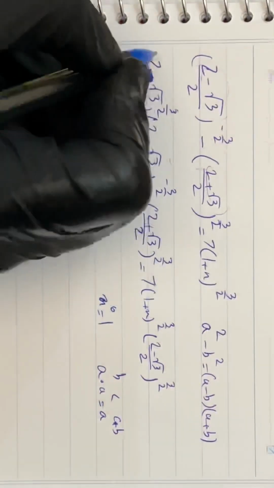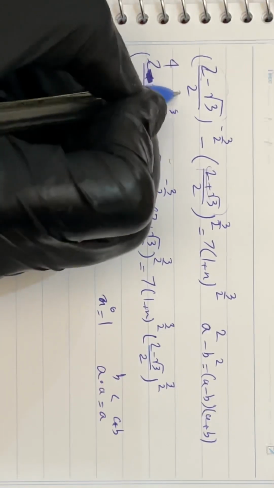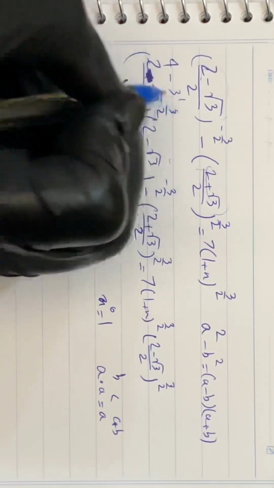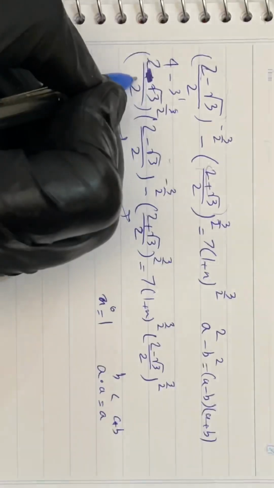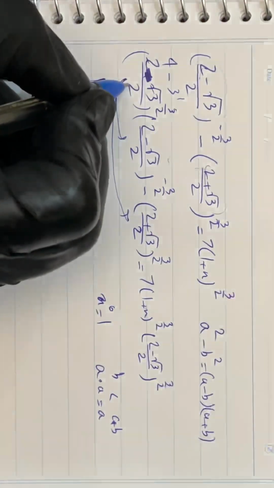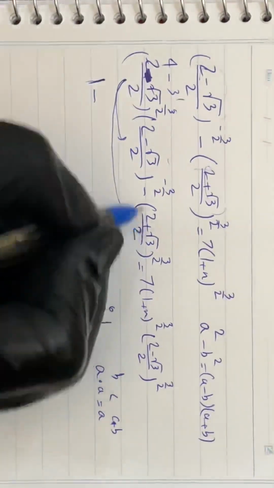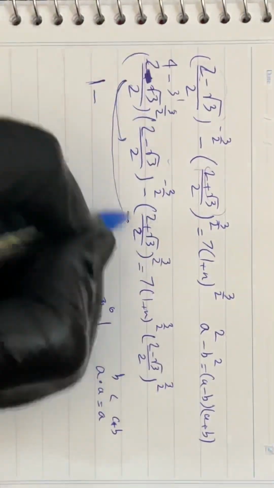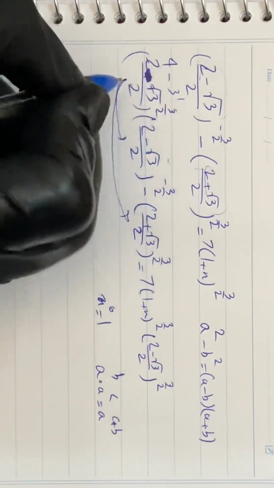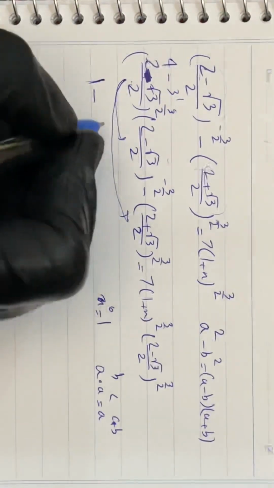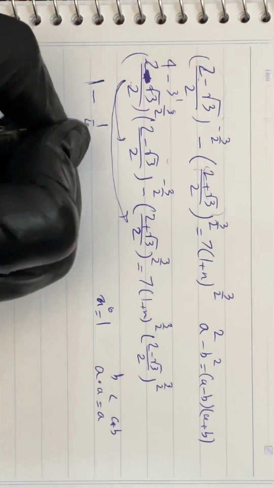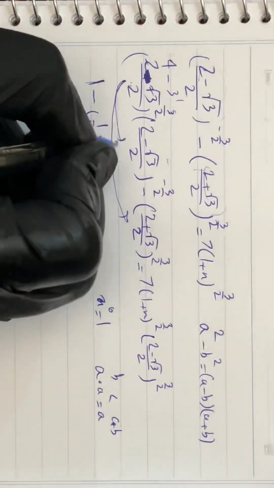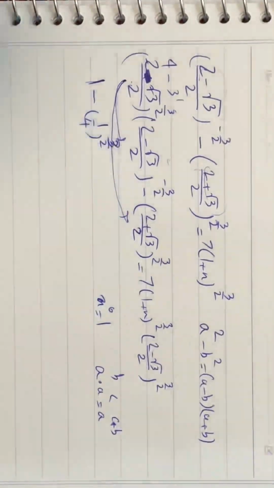This would be 4, this would be 3. 4 minus 3 is just 1. And we also multiplied 2 by 2. This by this would be 1, and this by this would be 4. So it would be 1 over 4 to the power of 3 over 2.